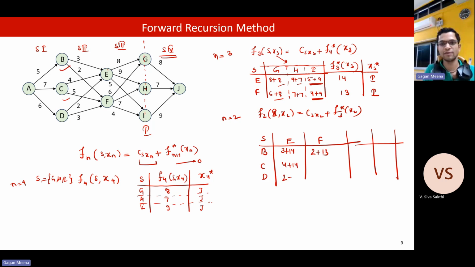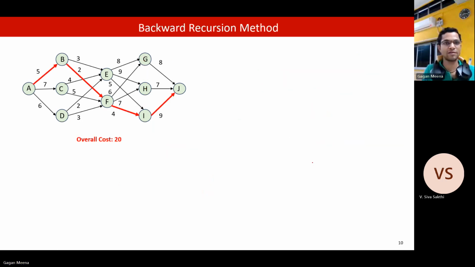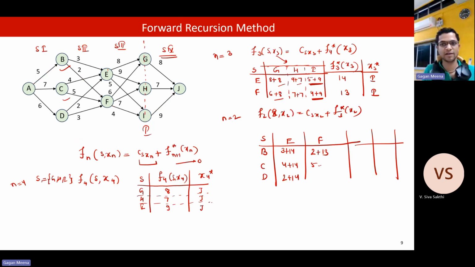D is 2, 2 plus 14. And C to F is, sorry, 5 plus 13 and 3 plus 13. This is 17, this is 18, this is 16, this is 15, 18, and 16. Again, we see this is the same, 18, 18. And here it is 15, 18, and 16. Out of E and F, which one is better? Here F is giving the minimum. Here both, either of them.